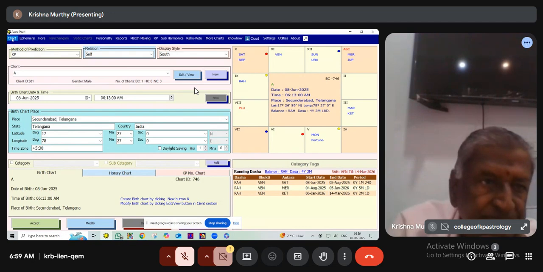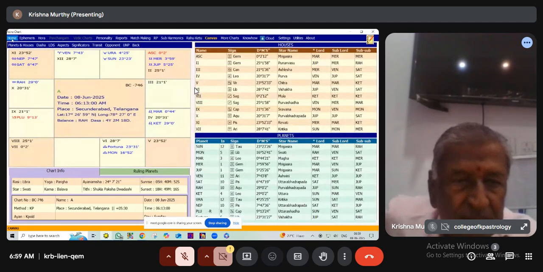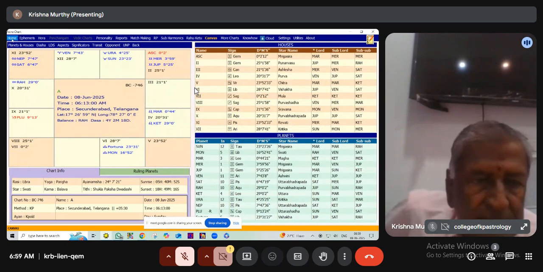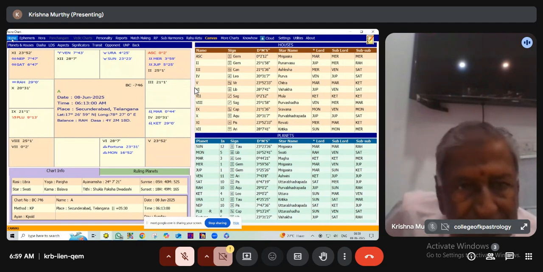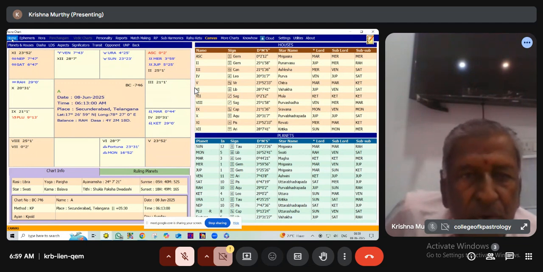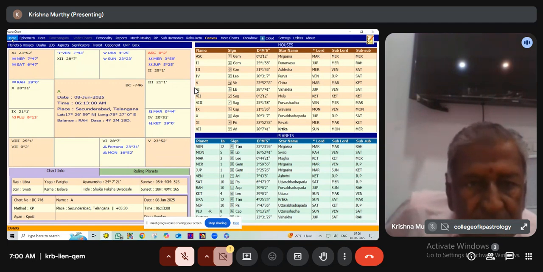This man or woman has the first house, Lagna or ascendant, in Gemini. The second house also is in Gemini, though it is supposed to be in Cancer. Similarly, the third house, which is supposed to be in Leo, has gone backward, anti-clockwise, to Cancer.